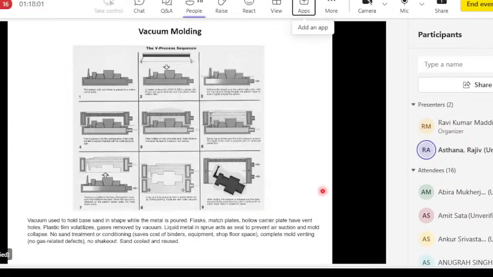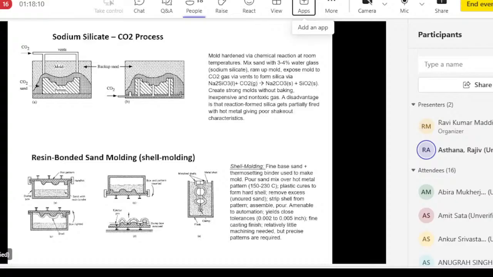Two other processes that utilize sand are the sodium silicate CO2 process and then resin bonded sand molding, also called shell molding process. In the sodium silicate CO2 process, we use a base sand mixed with sodium silicate, which is popularly called water glass. About 3 to 4% water glass is added to a base sand, olivine or silica or zircon or one of those sands.